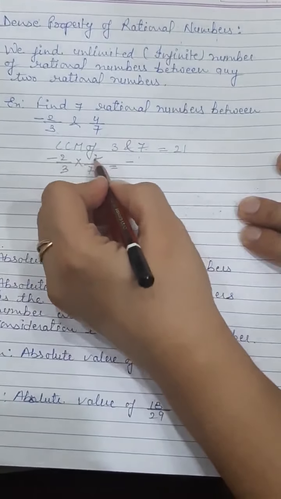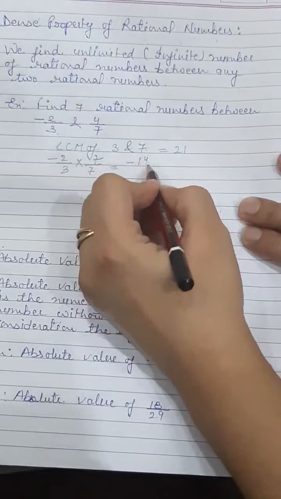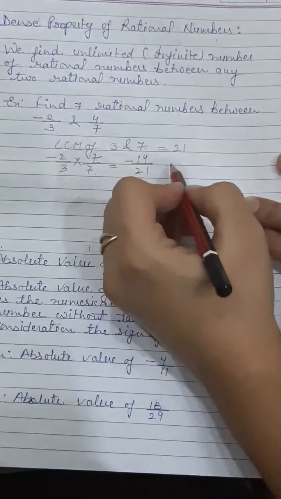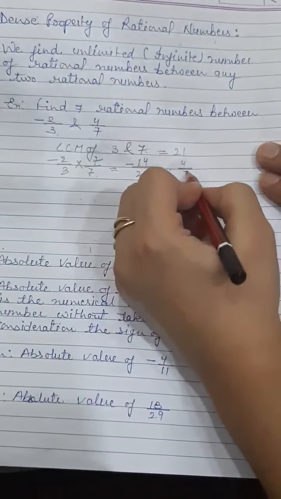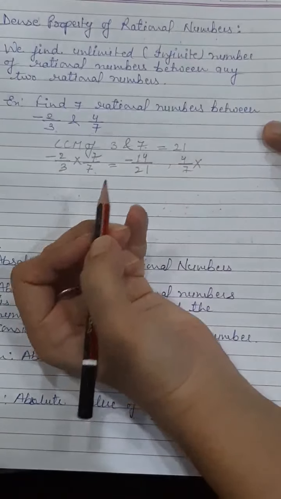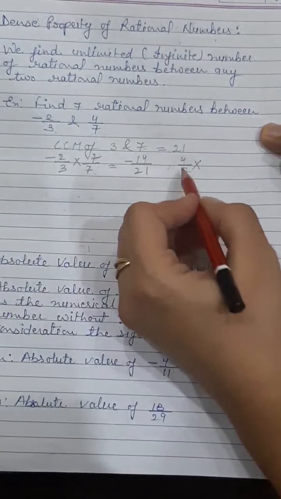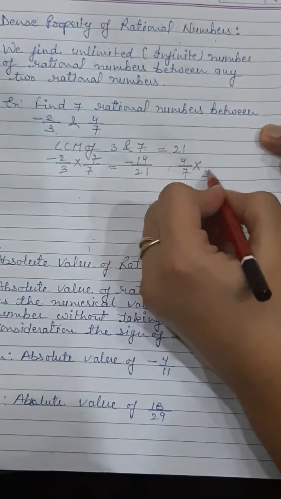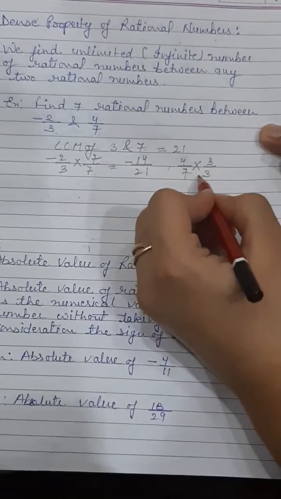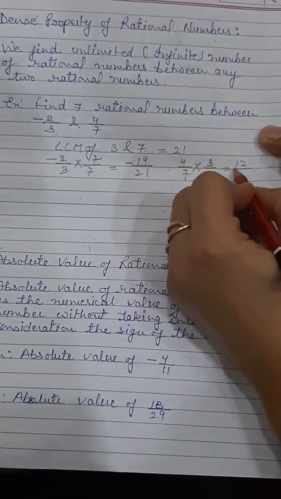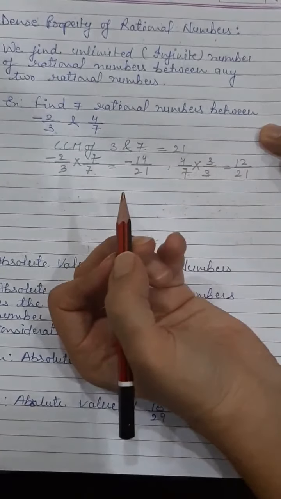So 7 2s are 14, so minus 14 by 7 3s are 21. Now 4 by 7. Which number do you have to multiply it with? To convert its denominator to 21, 3. Clear? 3 with denominator as well as numerator. So when you multiply, 12 by 21 will come.